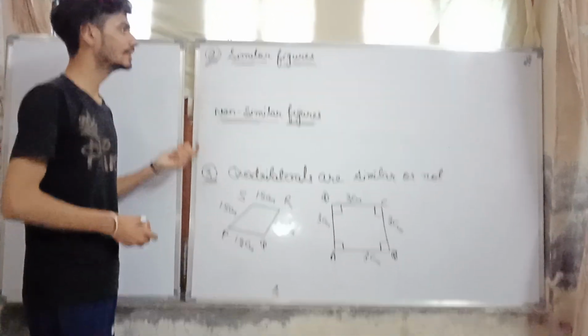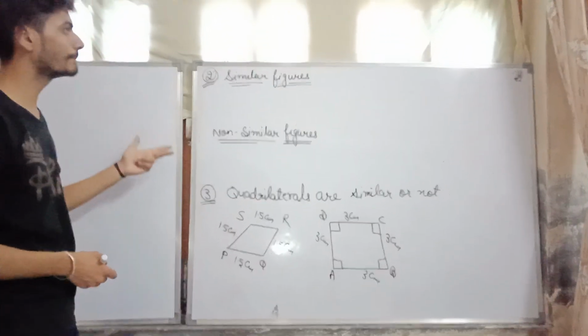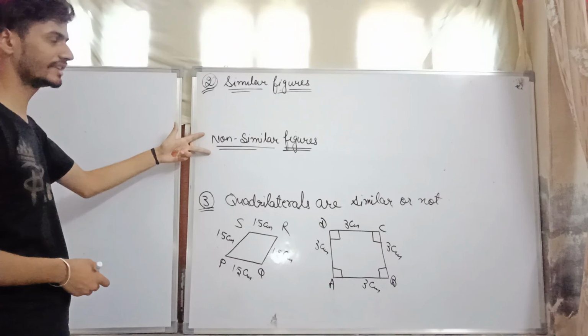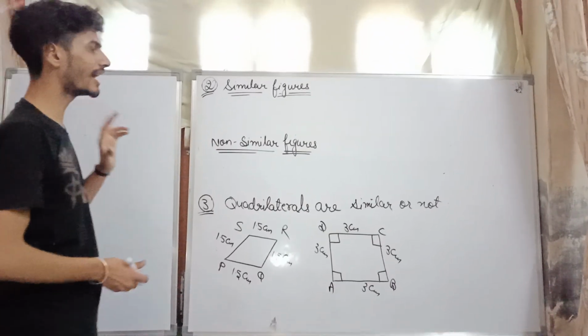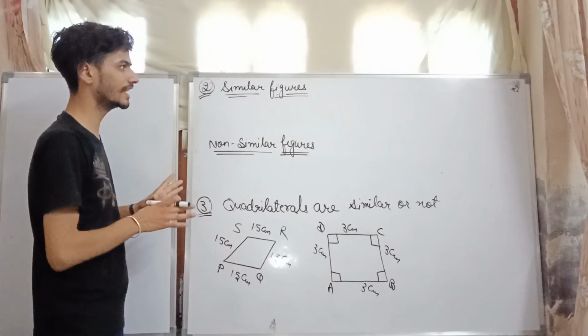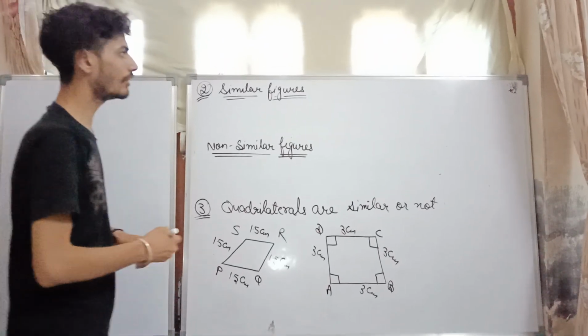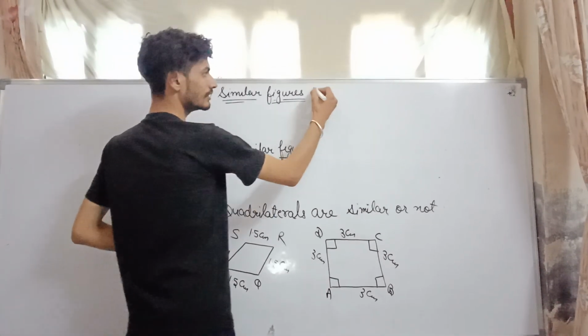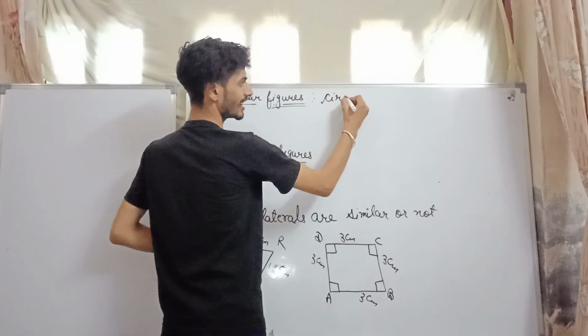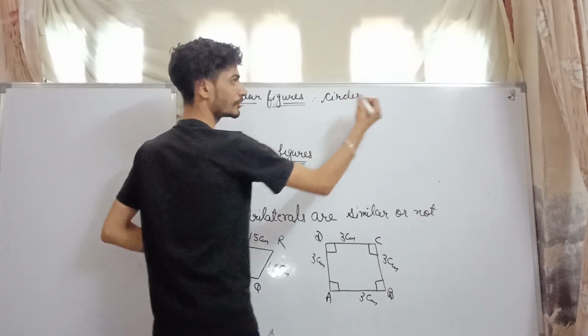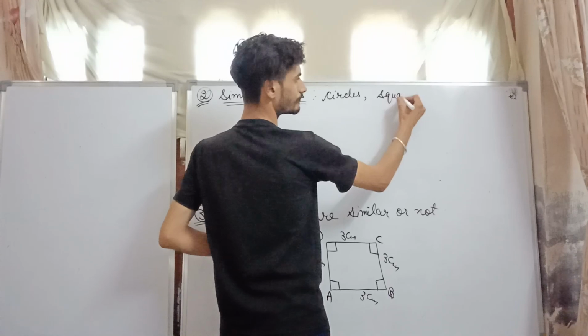After filling up the blanks, the next step is to provide examples related to similar figures and non-similar figures. In the fill-ups part, we discussed similar figures. So all the circles are similar to each other. All the squares are similar to each other.